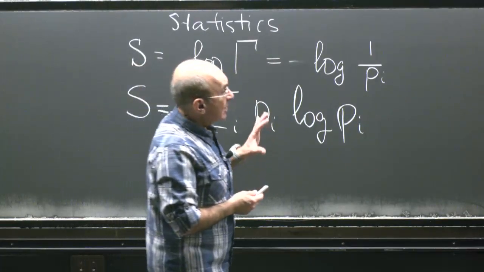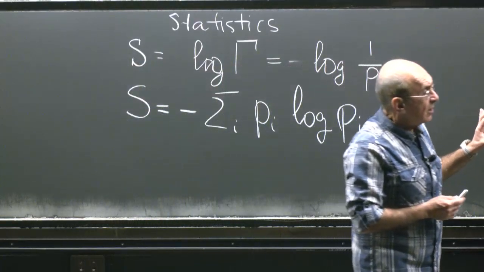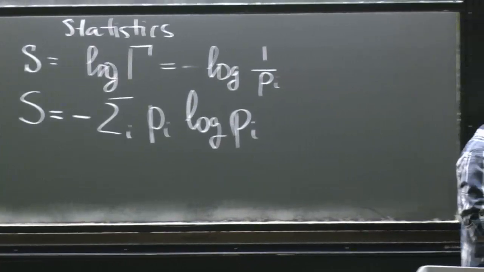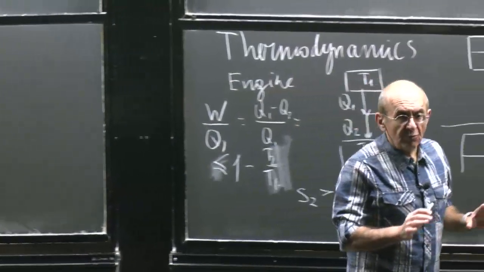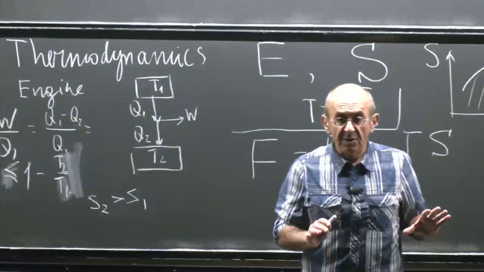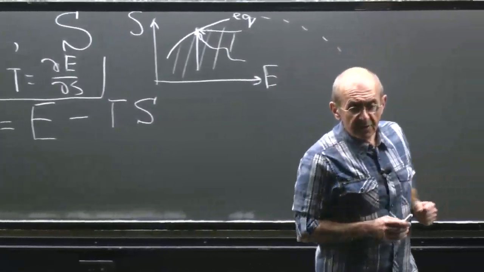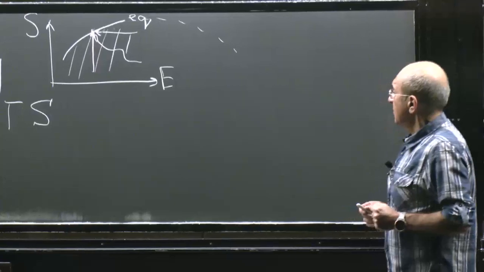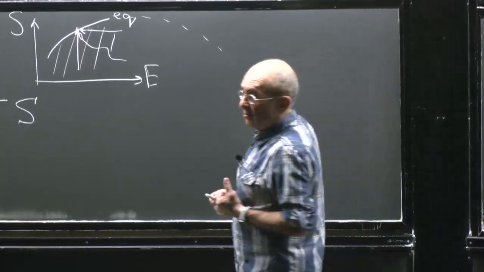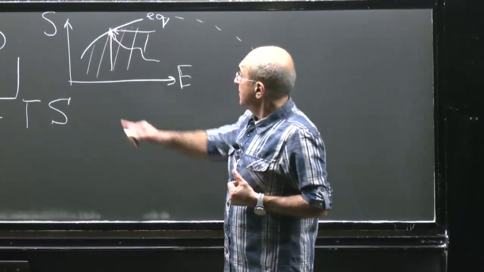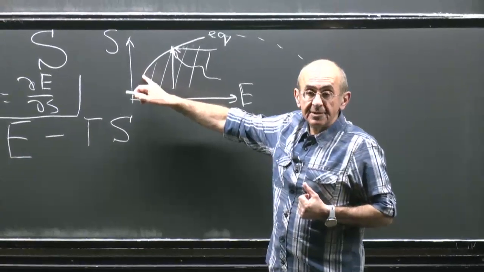Okay, and at that point, I really want to stress two very simple mathematical ideas which are used over and over again in this course. One of these very powerful mathematical ideas is the idea of convexity.